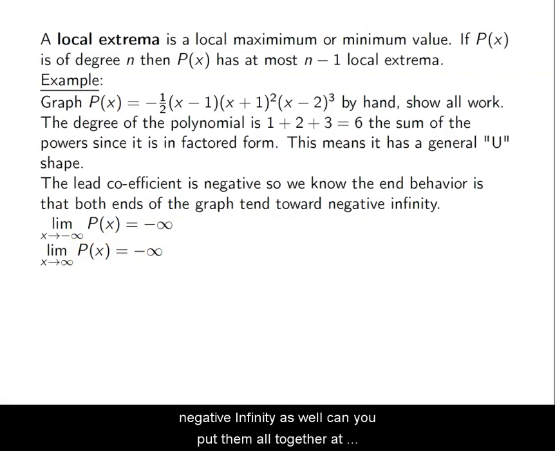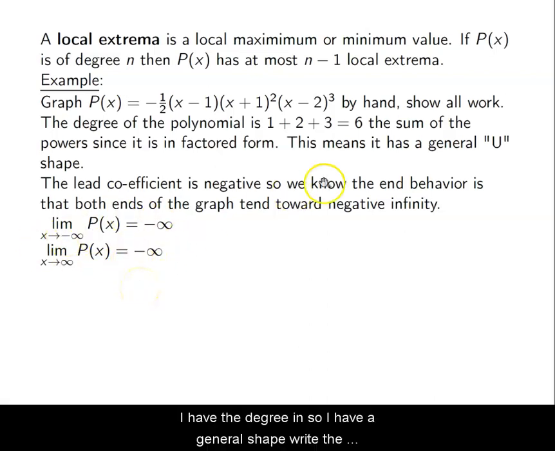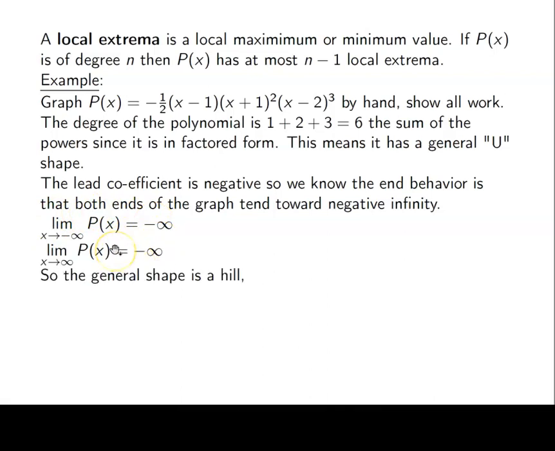Okay, so again, we're going to keep track of everything and then put it all together at the end into a graph for ourselves. So now I know the end behavior. I have the degree, so I have a general shape. The general shape and this value let me know what the end behavior is. So the general shape is going to be a hill.